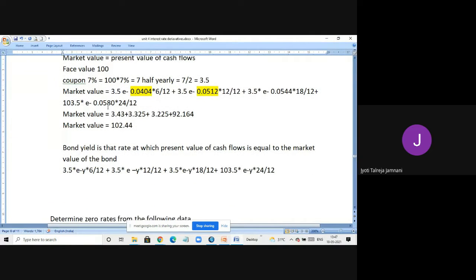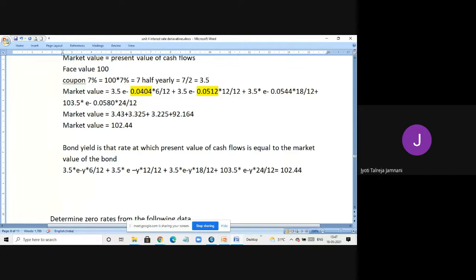It's not like the above solution that we did, where for 6 months the rate was 4.04% and for 1 year 5.12%. They want a single rate that will make the bond cash flows equal to its market value, and the market value was 102.44, which I calculated a few minutes back. So we have to solve this equation and find this y value. Now it is not possible to do it easily manually.